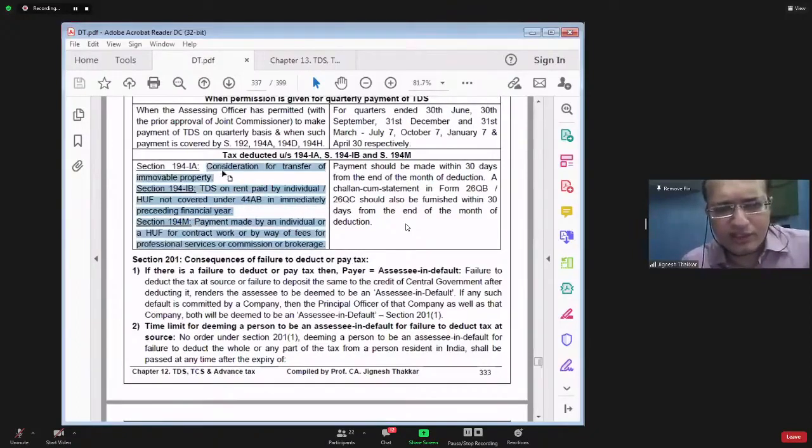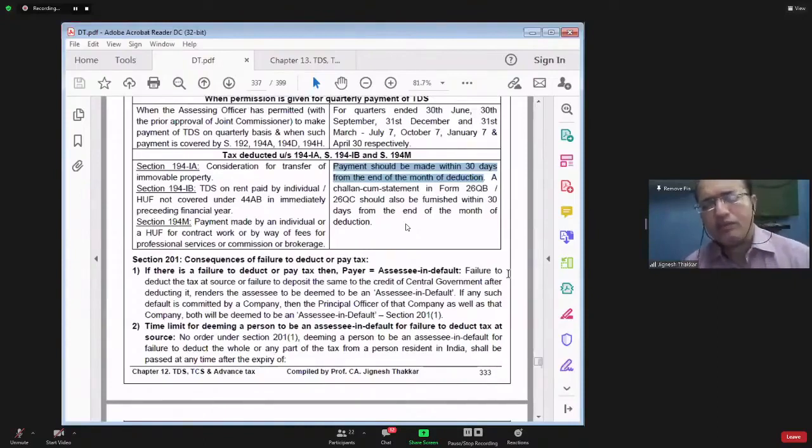In case of these three sections, the TDS amount should be paid within 30 days from the end of the month of deduction. From the end of that month, within 30 days, that TDS should be paid to the government. So here the government, instead of allowing 7 days, has allowed how many days? 30 days. So a relaxed time limit is given to them.